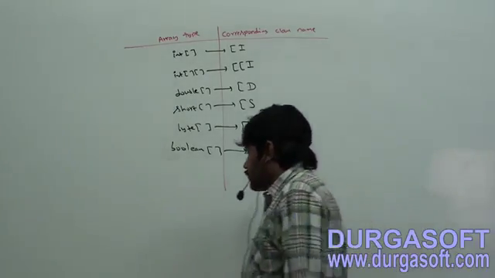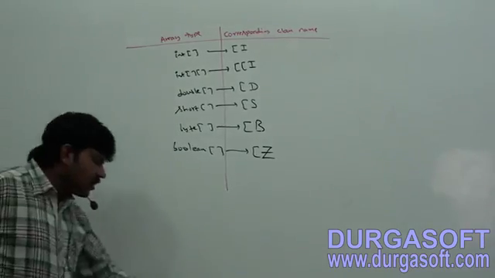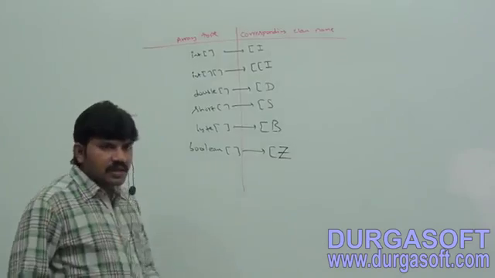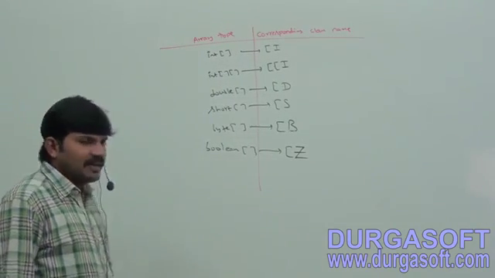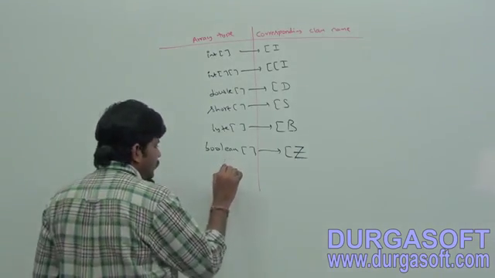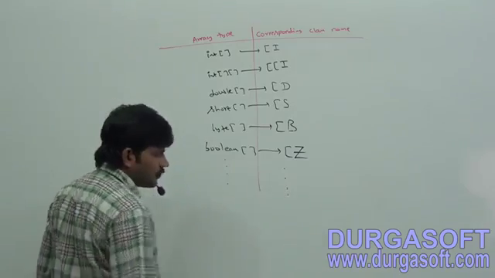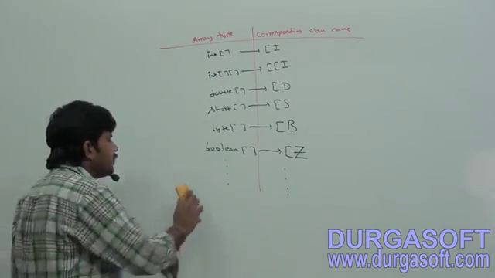So for every array type corresponding classes are available, but these classes are part of the Java language, not available at the programmer level. Completed, right?